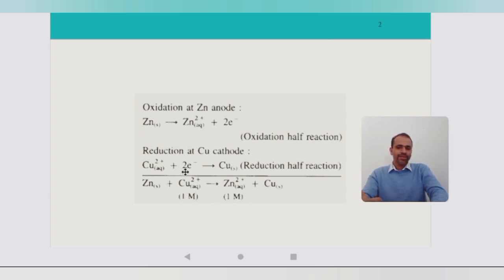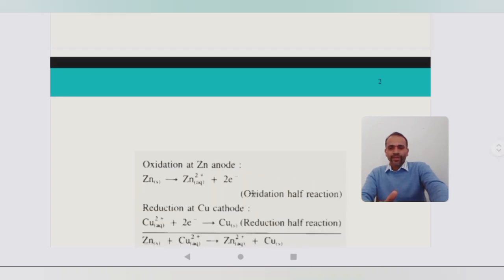The electrons on the right-hand side of the first equation cancel with the electrons on the left-hand side of the second reaction. So the net reaction is zinc plus copper dipositive gives zinc dipositive plus metallic copper. That reaction altogether we call a redox reaction, because one half is oxidation and the other part is reduction.